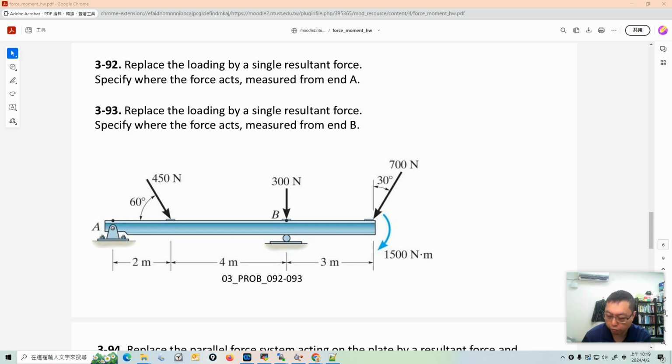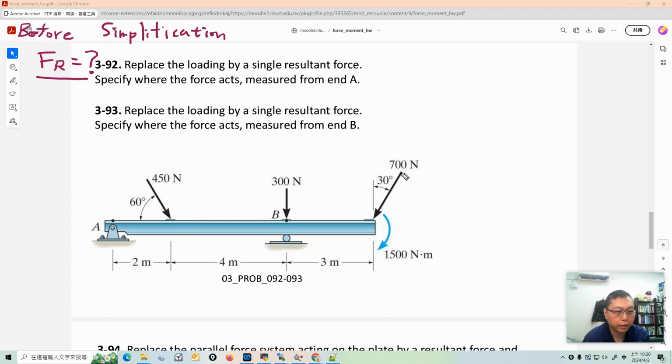First of all, let's find out what the resultant force is.